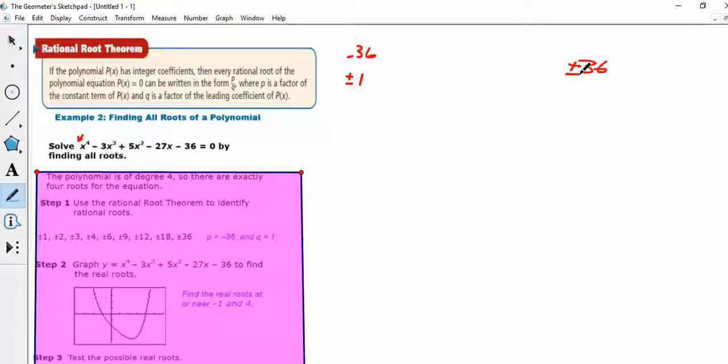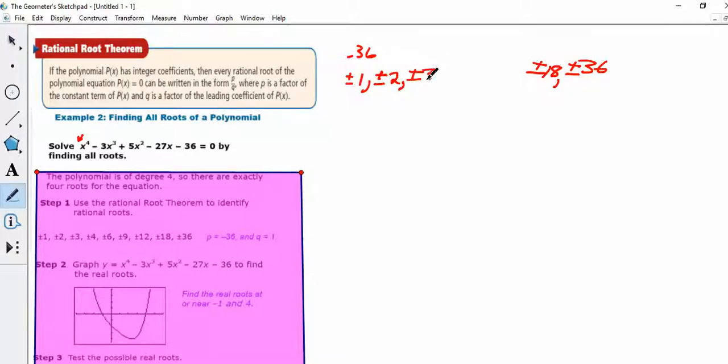And the reason I put plus or minus is because you could have 1 times 36, or I could have 1 times -36, which would be -36, or I could have -1 times +36. I could have plus or minus 2 times plus or minus 18, because 2 times 18 is 36, and one needs to be negative.